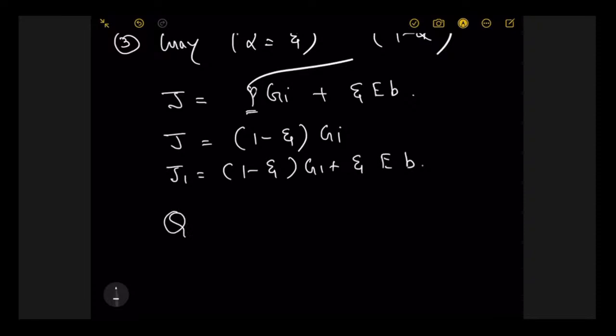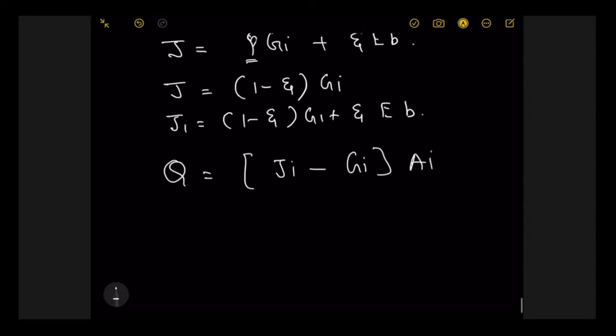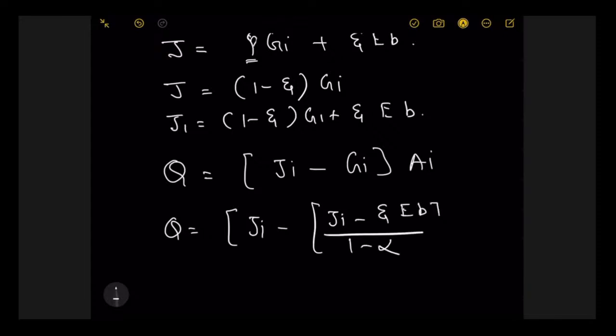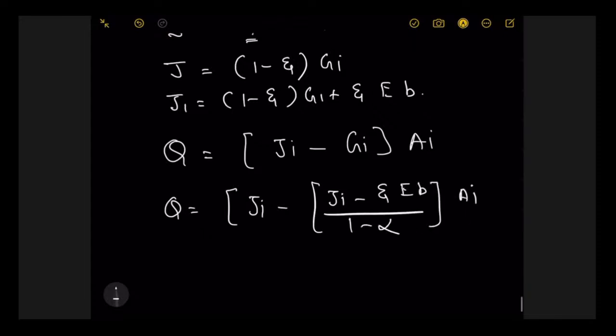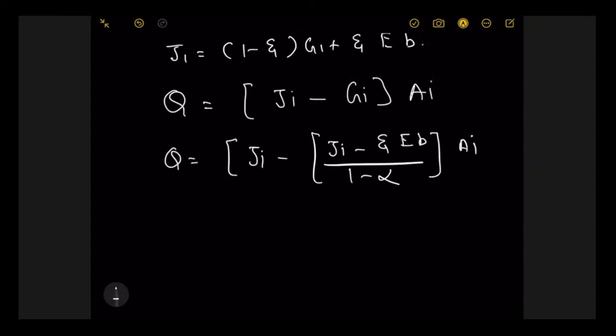So Q equals Ji, the total output, minus the input, into flux. In place of Gi, we can write Ji minus emissivity into Eb, the energy in that body, 1 minus alpha Ai. Okay.